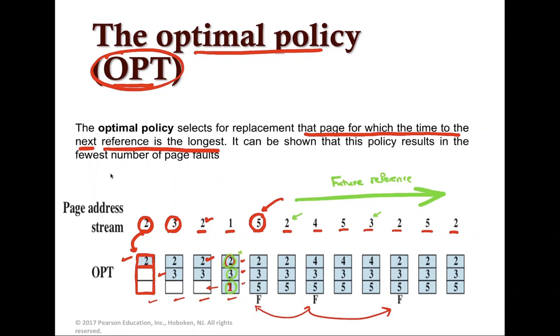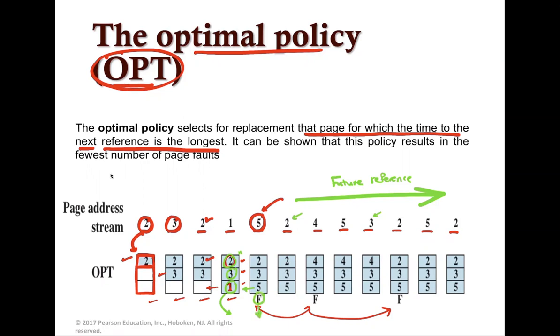So maybe in the future there will be a long time until I reference number 1. So I will take page 1 out and put page 5 in the same location as page 1. So now a page fault has been generated.